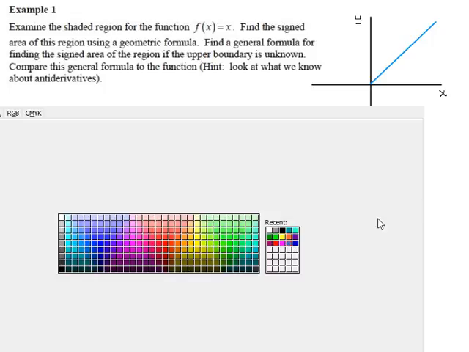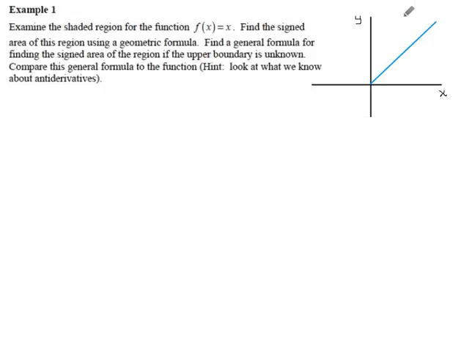So if we wanted to attack this with no calculus at all, and we had this shape, and they said find the area under it, well, that area is a triangle, so its area is 1/2 base times height. The base distance is x.